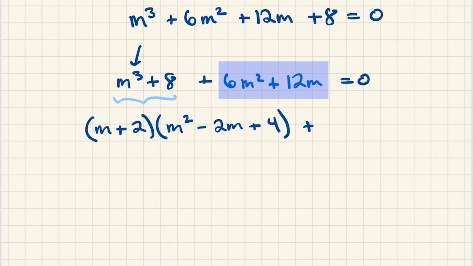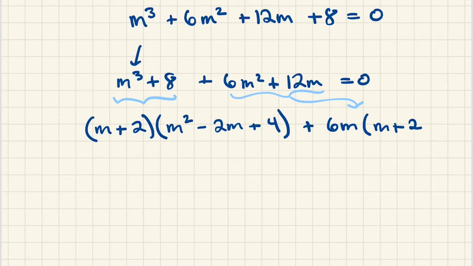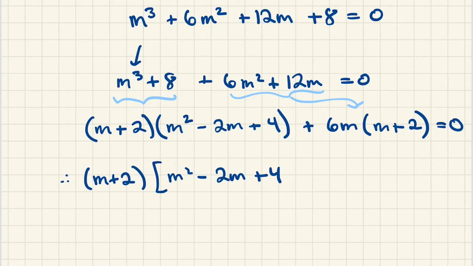And we can also factor this pair here by saying this is 6m times m plus 2, which now allows us to factor the m plus 2 out of both of these terms, and we have m plus 2 multiplied by m squared minus 2m plus 4 plus 6m.